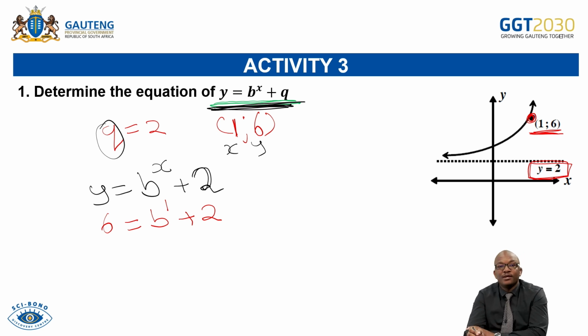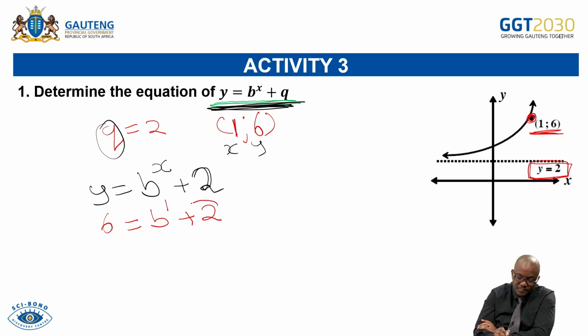Now we need to make b the subject of the formula. I will transpose this 2 to the other side. It is going to be 6 minus 2 is equal to b. Therefore, b is equal to, that is 4.